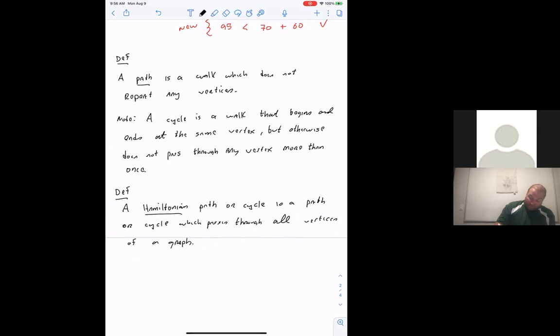And one last definition, a complete graph has every two vertices directly connected.